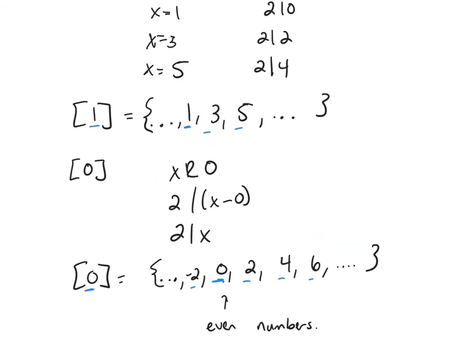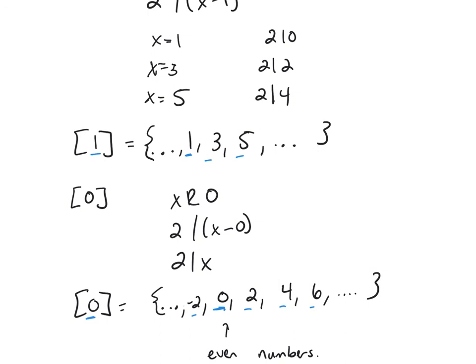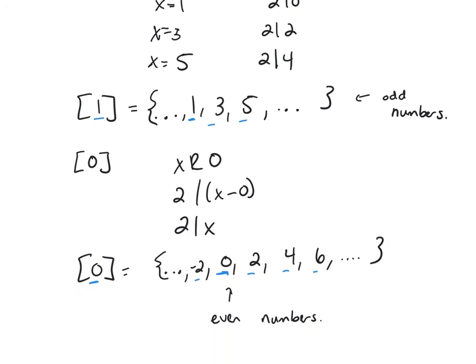And then up here, 1, 3, 5, this equivalence class corresponds to odd numbers. Remember that every integer is either even or odd. So in this case, I only get these 2 distinct equivalence classes. I get this equivalence class and then this equivalence class.